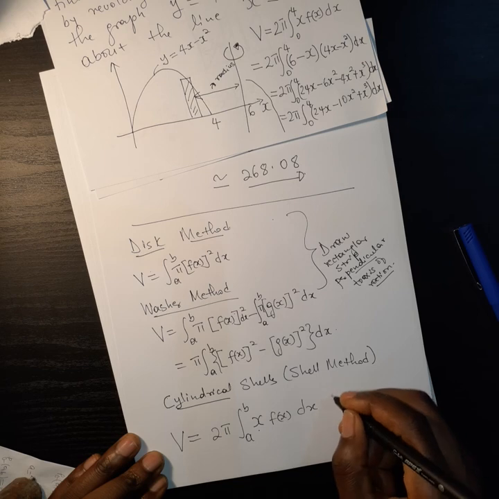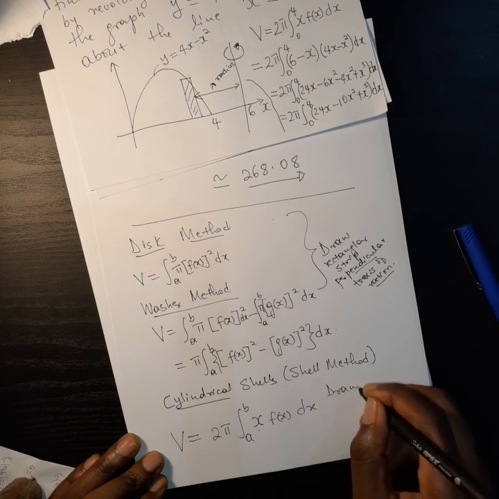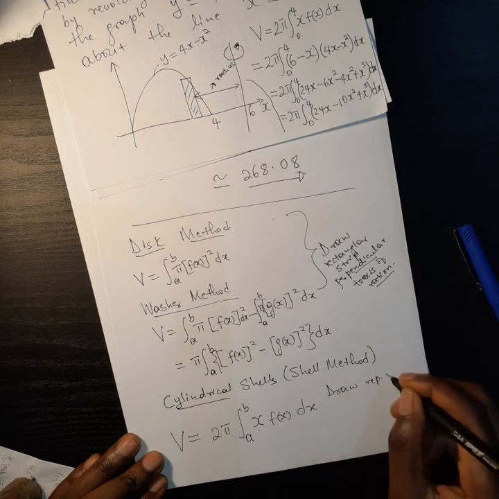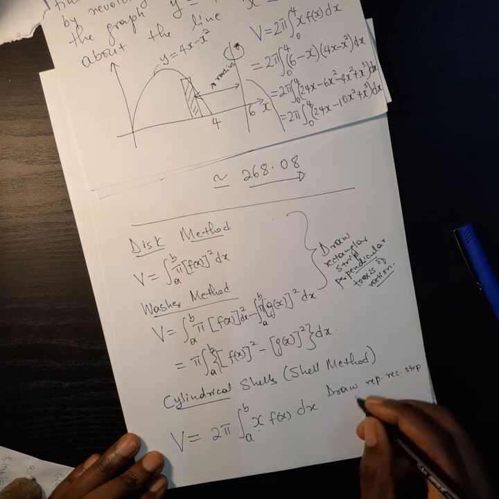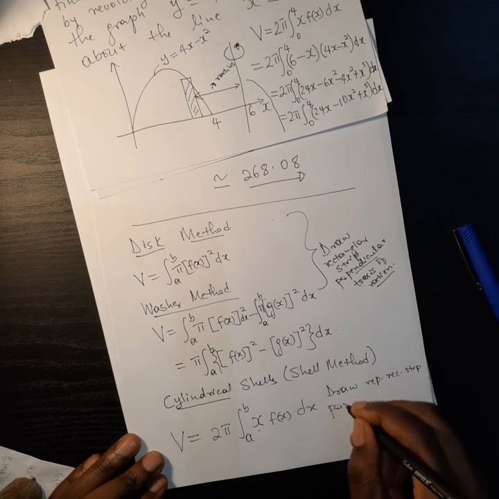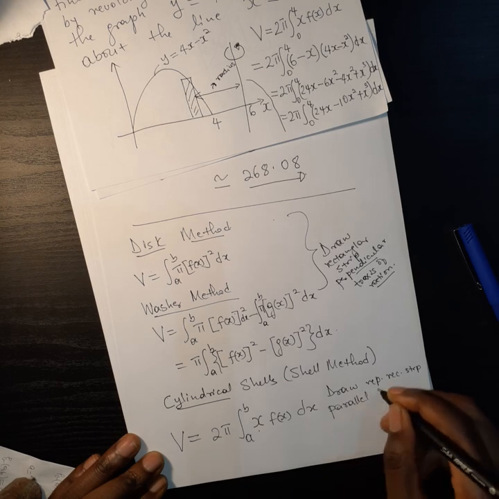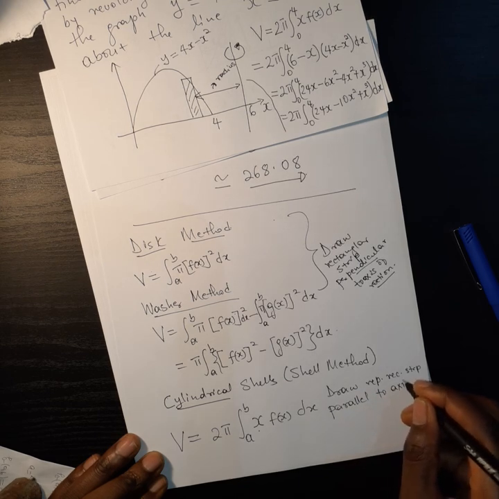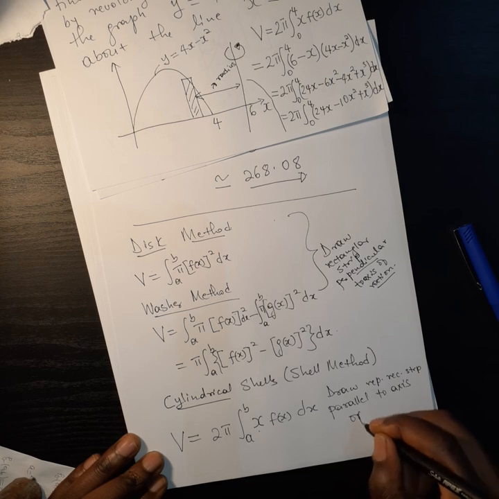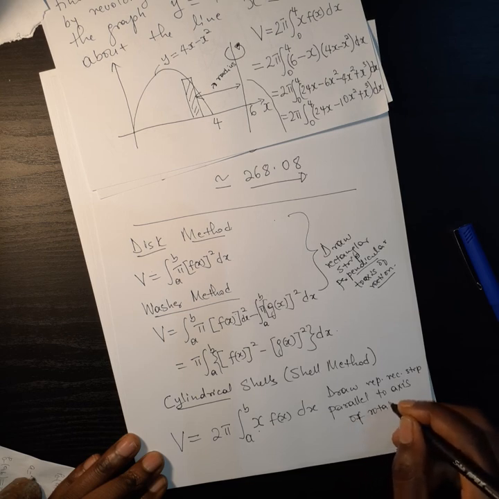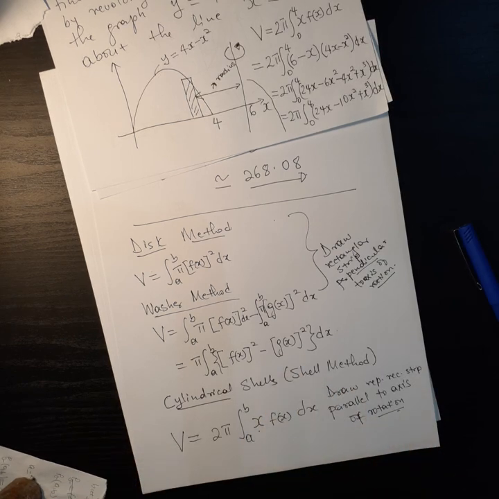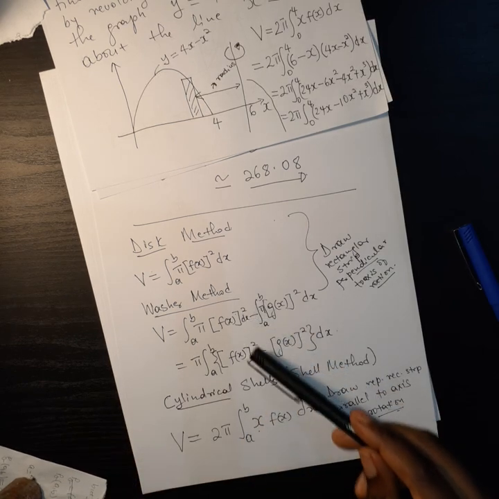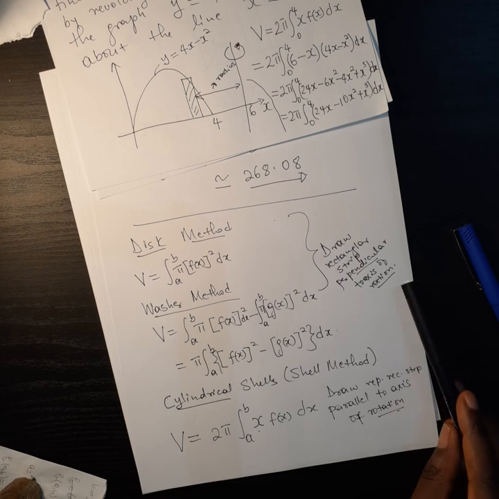And then here we draw representative rectangular strip parallel to axis of rotation. And then if you manage to do that, then you integrate. These are the three methods that we are interested in this year.